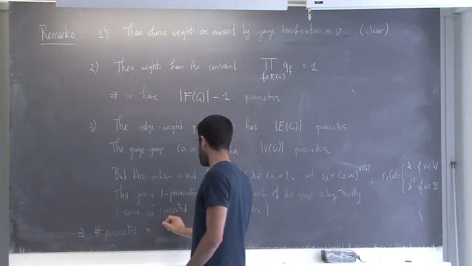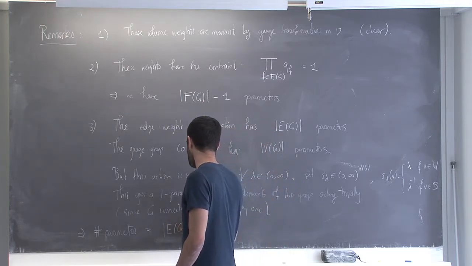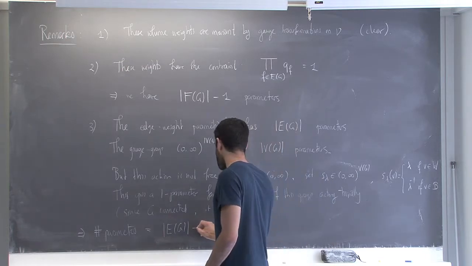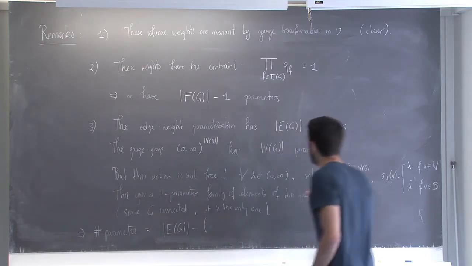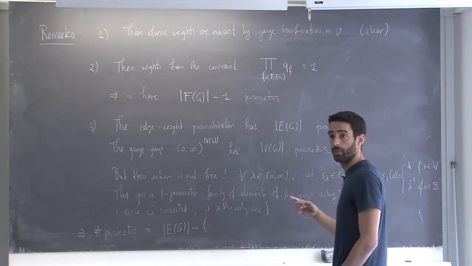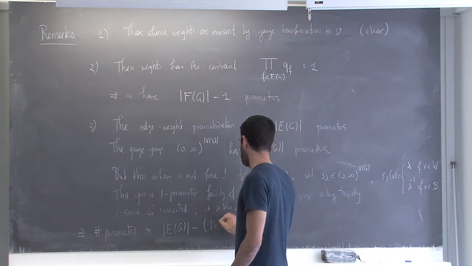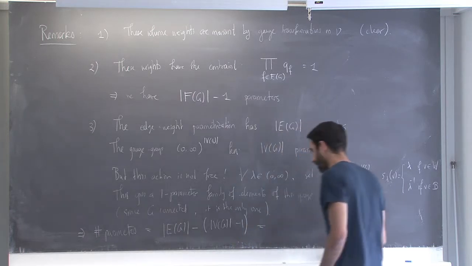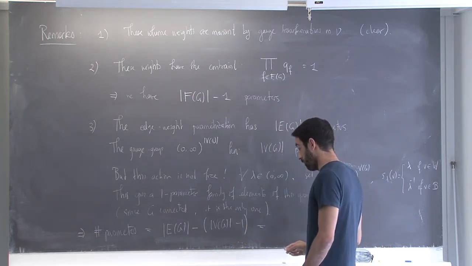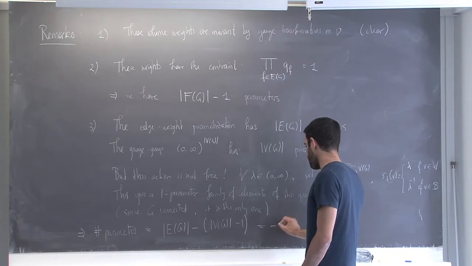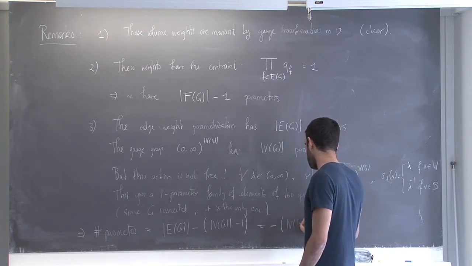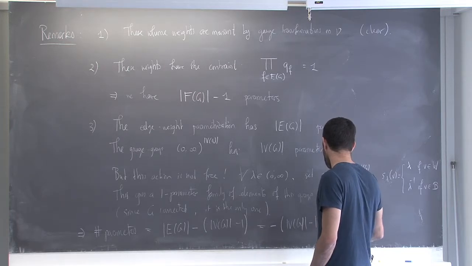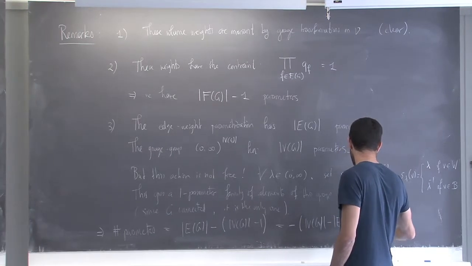So I have number of edges minus number of vertices minus 1, right? So I will write this as minus number of vertices minus number of edges plus number of faces.